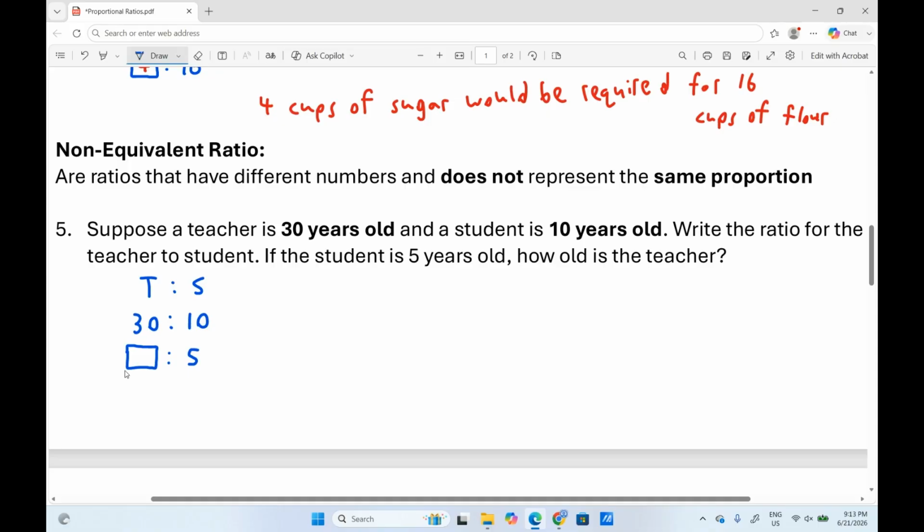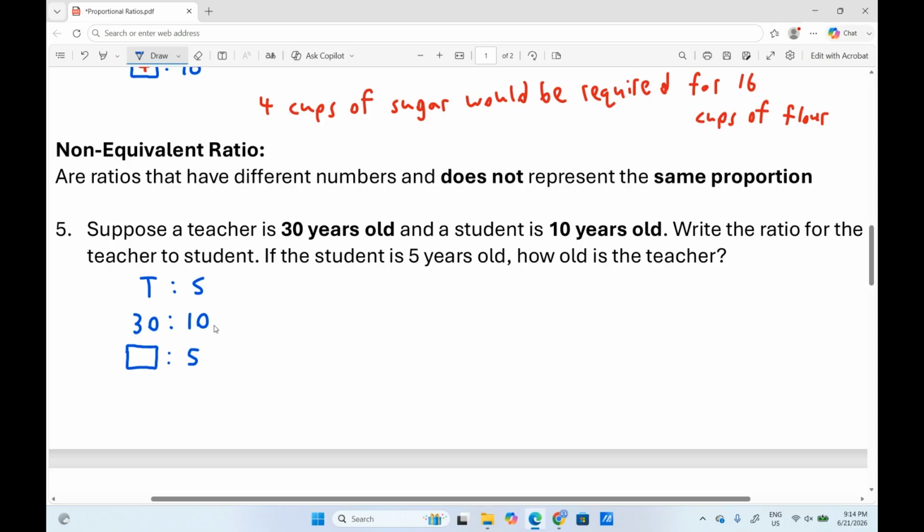Instead, you subtract 5 from 10, and you subtract 5 from 30, so the teacher would be 25 years old in theory. This question wouldn't be proportional based off of the wording, so it's a non-equivalent ratio.